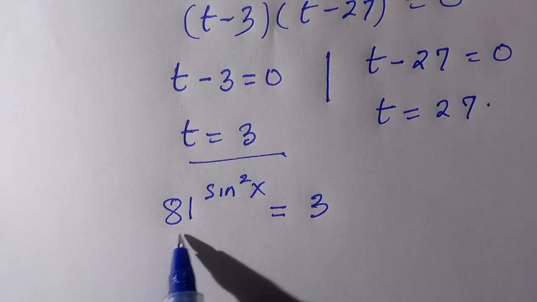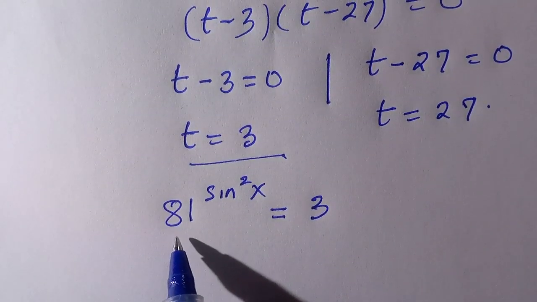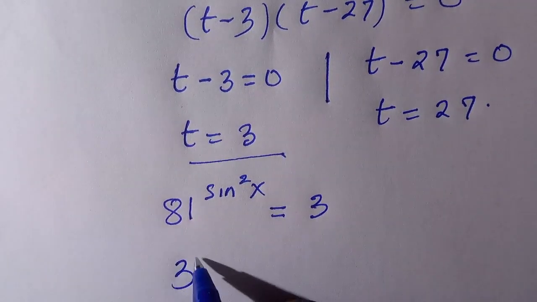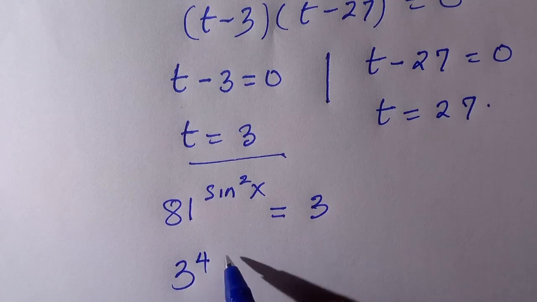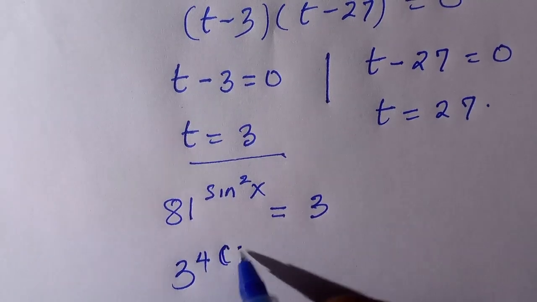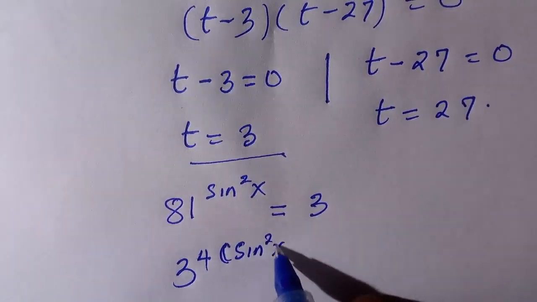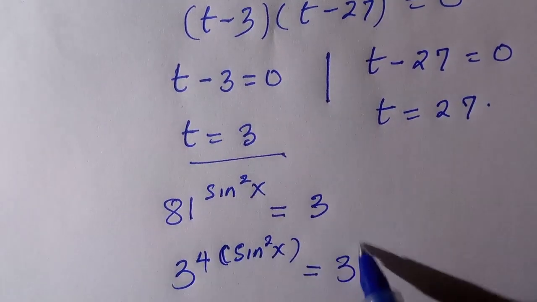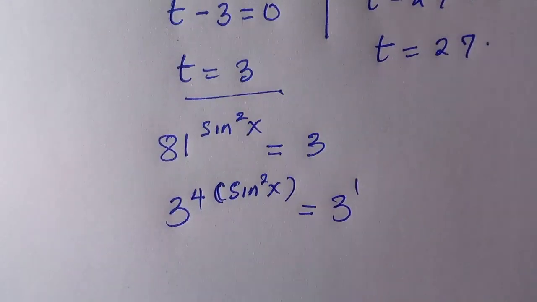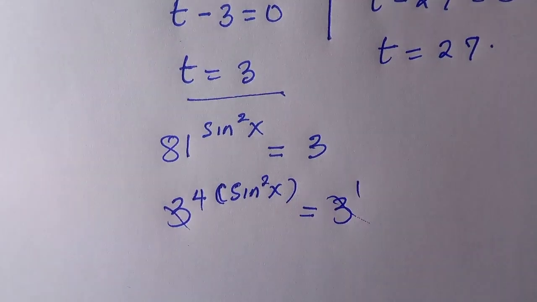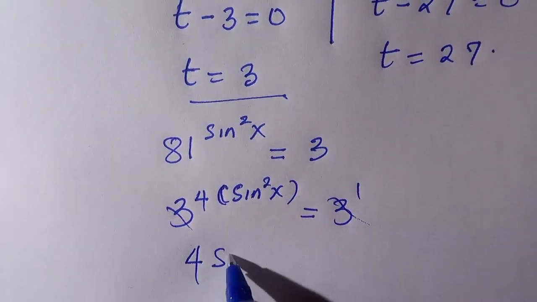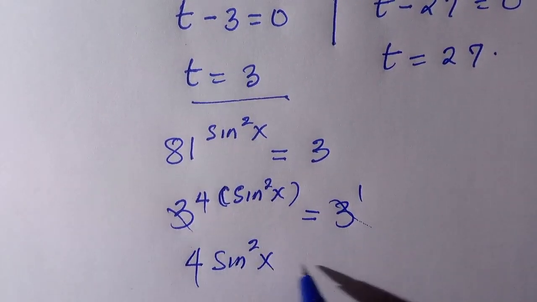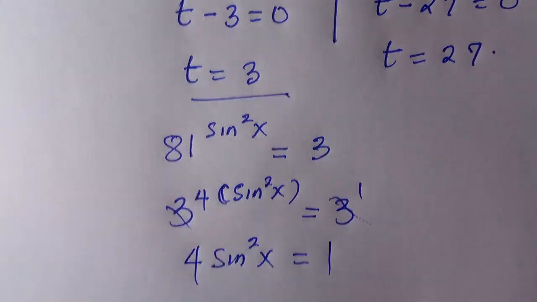And 81 we can write in exponent form with the base of 3. So here we have 3 to the power of 4, which is 81, multiplied by sine square x equals 3 to the power of 1, which is still 3. When the bases cancel, we have 4 sine square x equals 1.